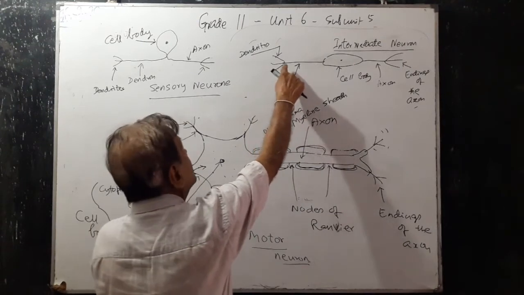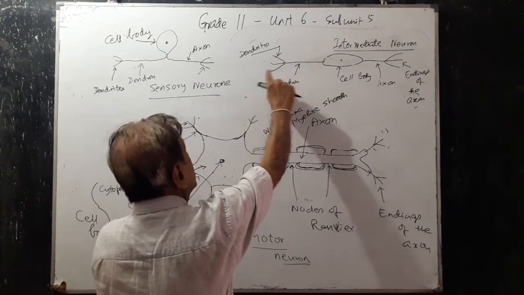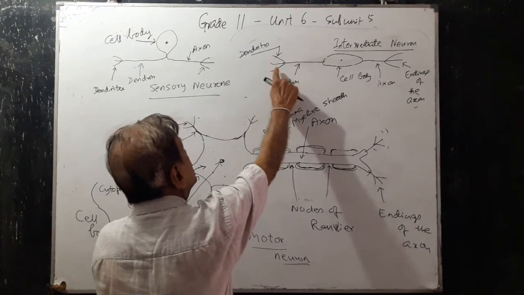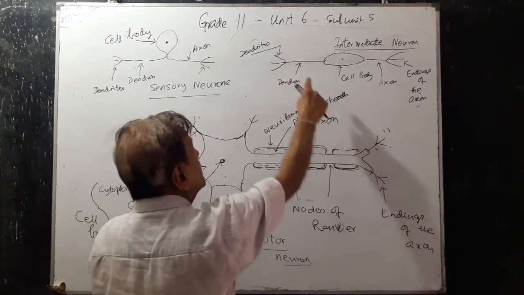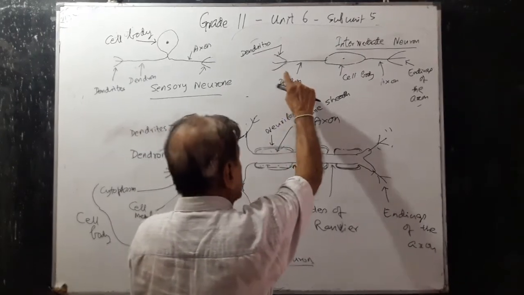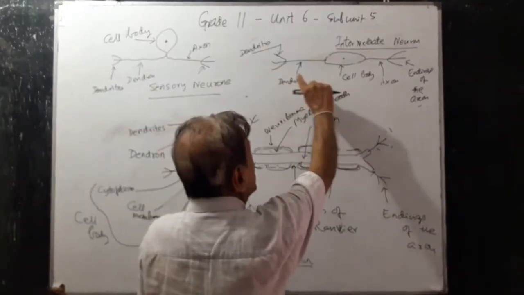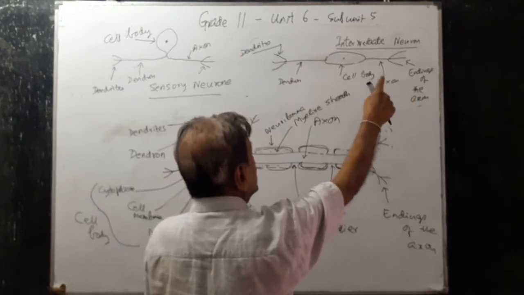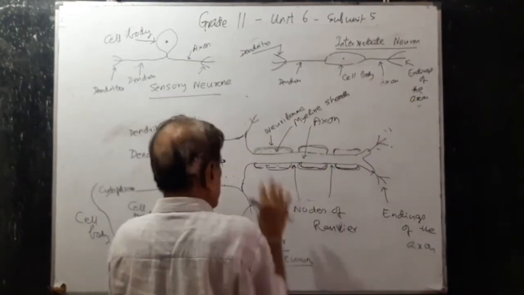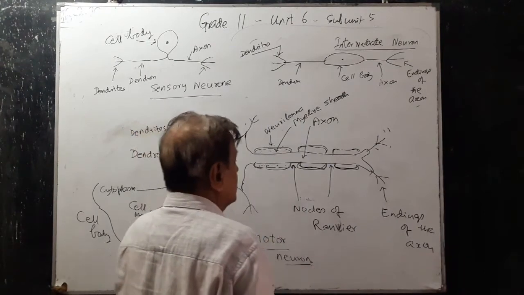After receiving that impulse by dendrites, it is conducted through intermediate neurons to the motor neuron. Now this is the motor neuron.